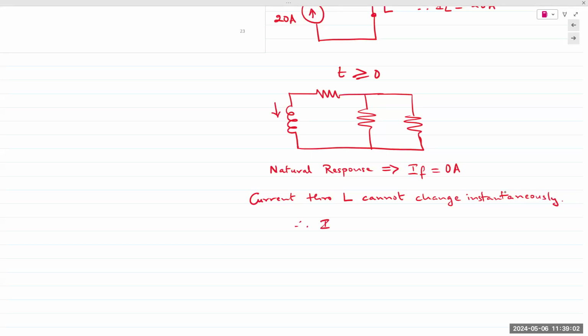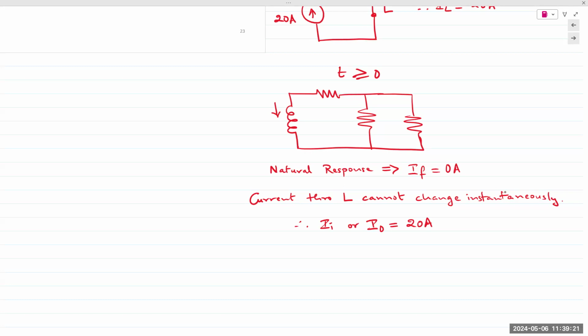Therefore, II or I0 is 20 amps. 20 amps. So we have the end point, we have the start point.